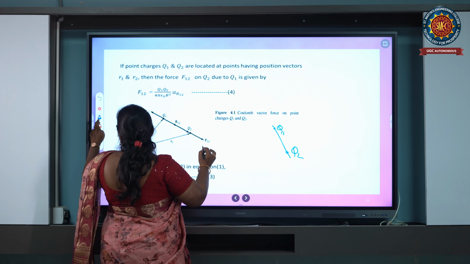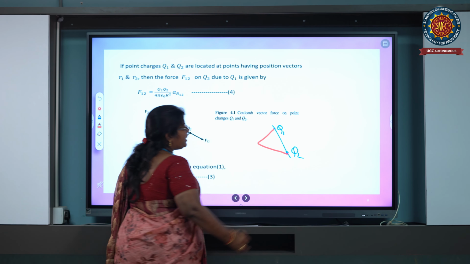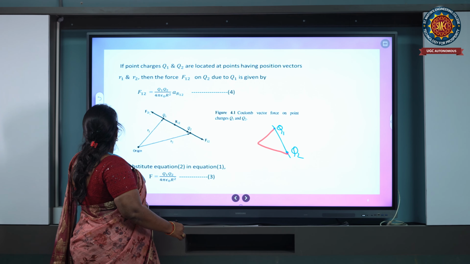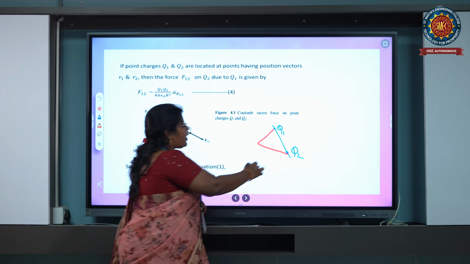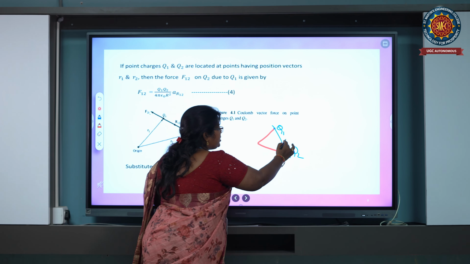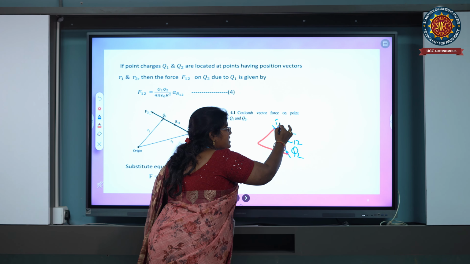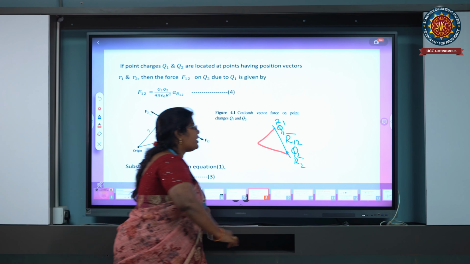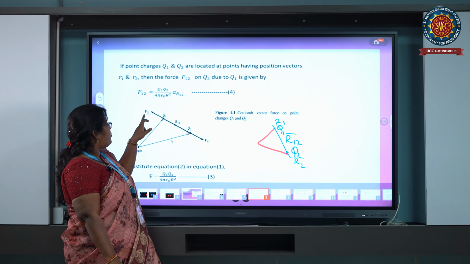The force generated between them depends on Q1 and Q2 and on the different types of charged particles. Here we have to find the vector notation. The vector notation can be represented as R12 vector. The force acting from Q1 to Q2 is denoted with R1 and R2, and the force vector notation is denoted as F12 and F1.